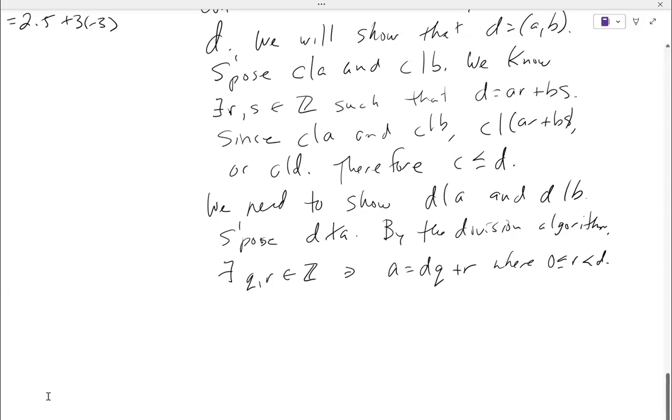No. Okay. So since we're assuming D does not divide A, we actually do have that R is not equal to 0. All right, so the idea here is that we've assumed something and we want to get a contradiction. So this is where the contradiction is going to come in.